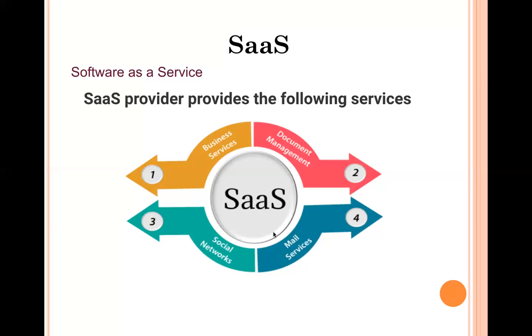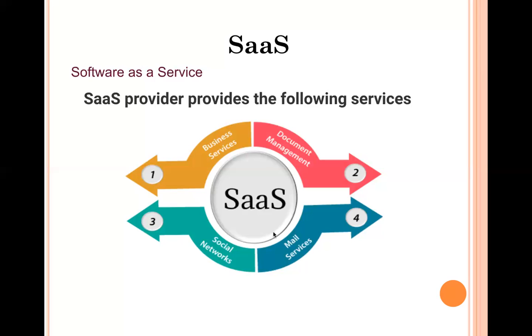The SaaS document management is a software application, and it is offered by third party SaaS providers to create, manage, and track electronic documents. Document management is provided by the SaaS and it is offered by a third party.